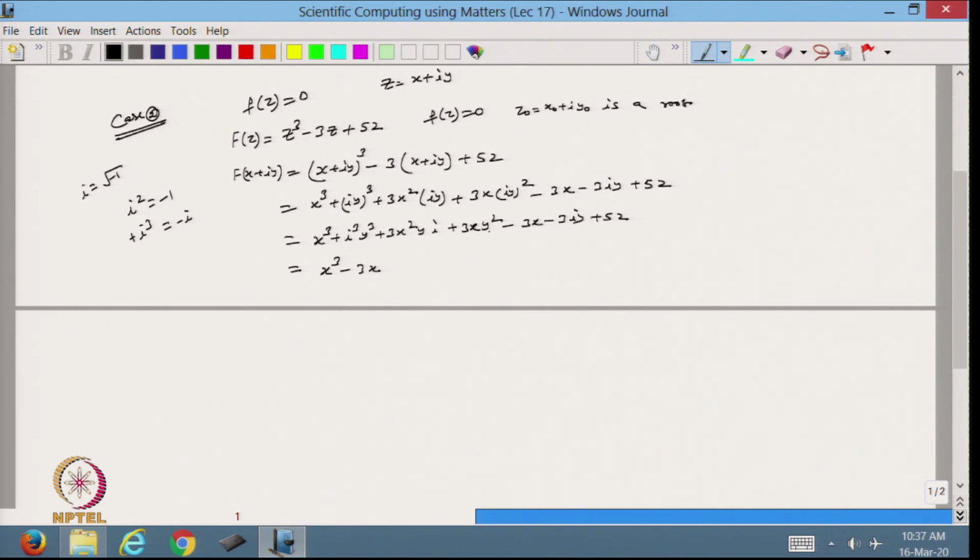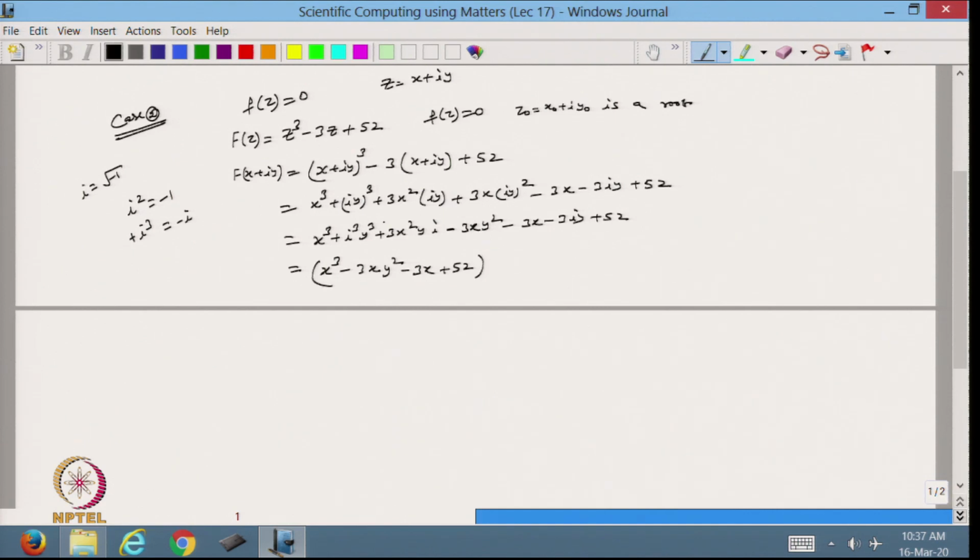So from here I can write minus 3x y square, then minus 3x and plus 52.